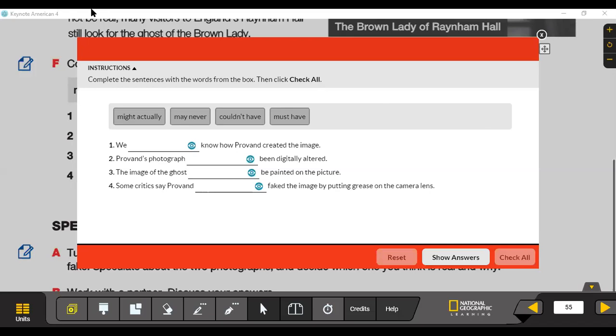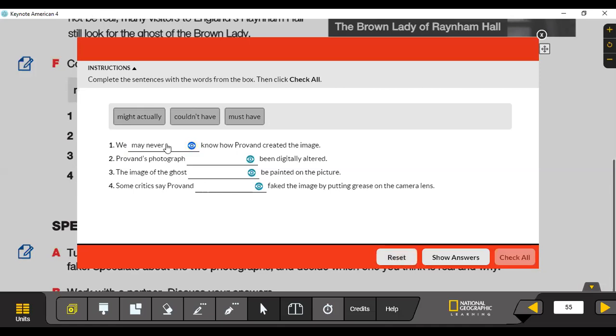Are you ready? I think yes. Okay. So again, I'm going to read the sentences and I want you guys to tell me the one you think the answer is. It says, we blank know how Provand created the image. What did you guys put? May never. I guess it's may never.